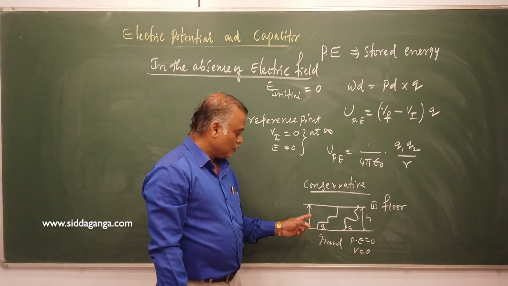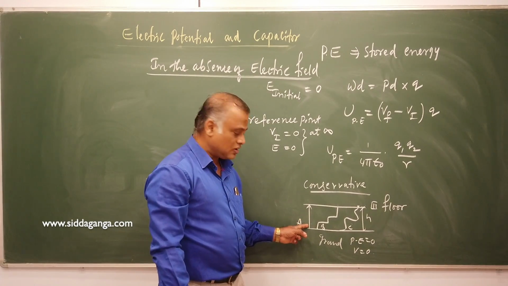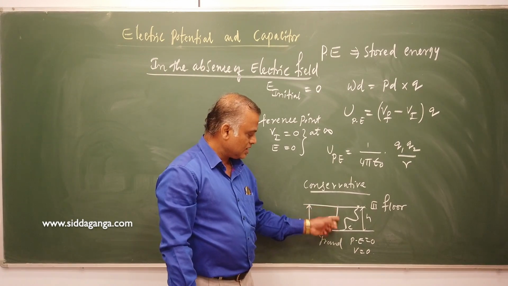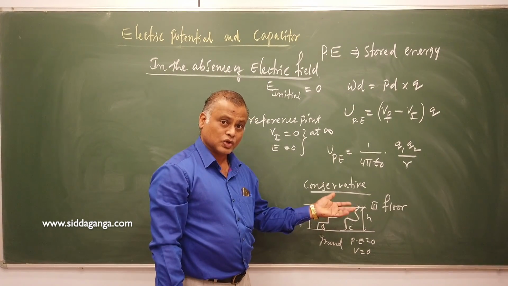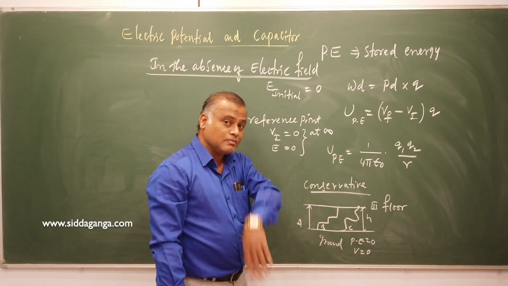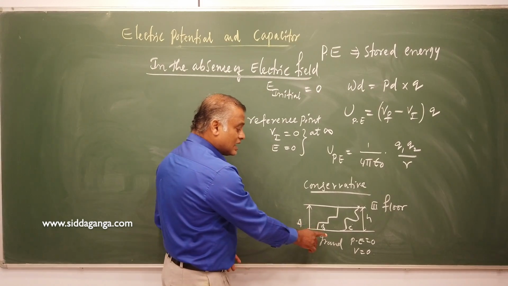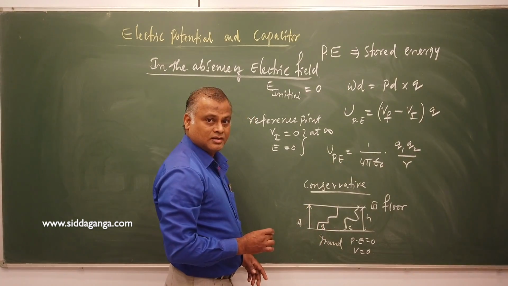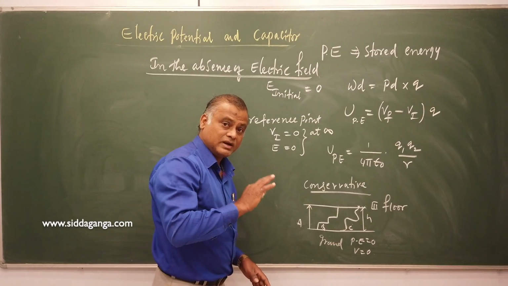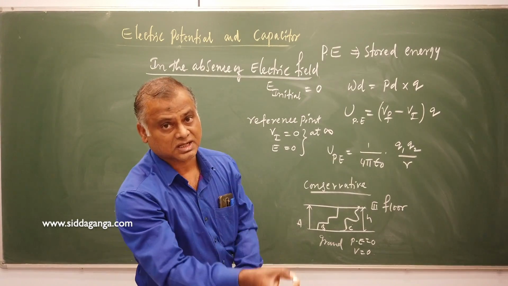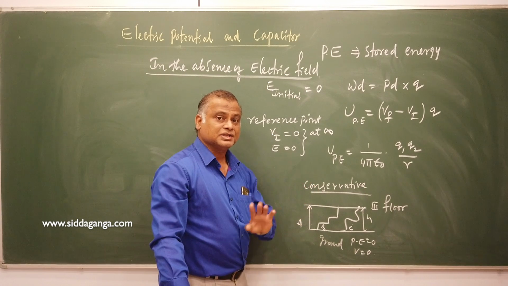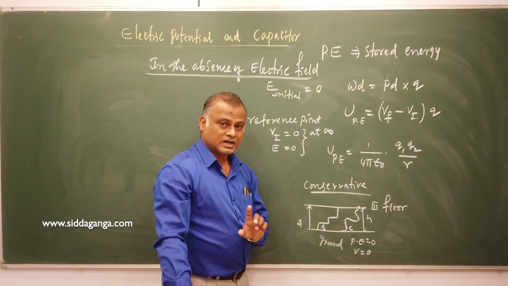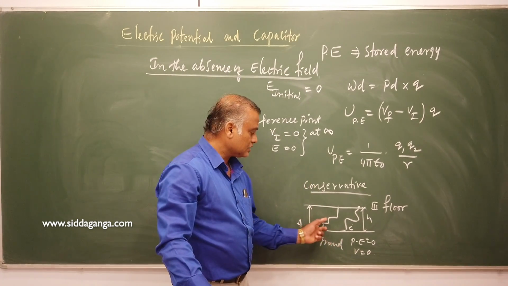Of course, what the person who is carrying the box along A, along B, along C does is not the same. But work done by the gravitational field, not by the person, does not depend on the path.